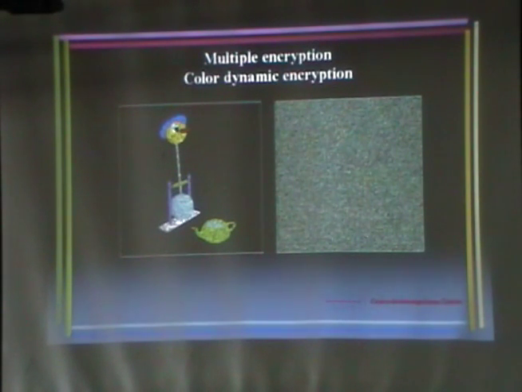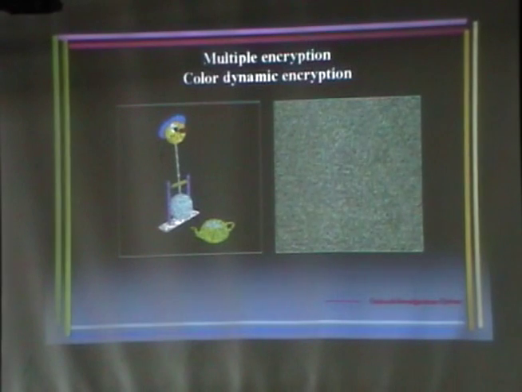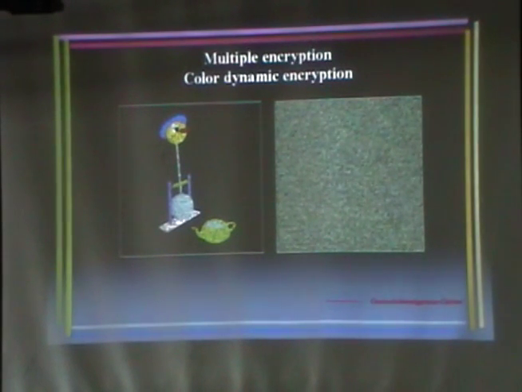Because you have reduced the aperture of your pupil to include more frames in the frequency plane, and this is a problem if you have an input which is very rich in terms of spatial frequencies.